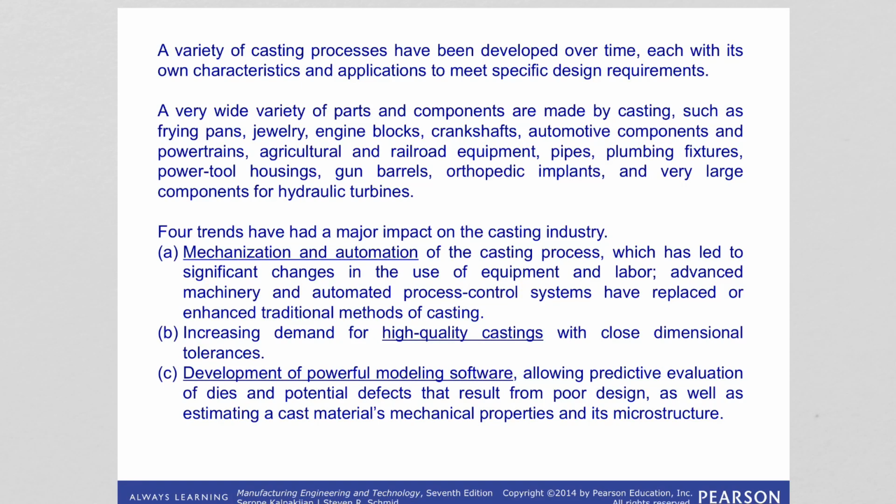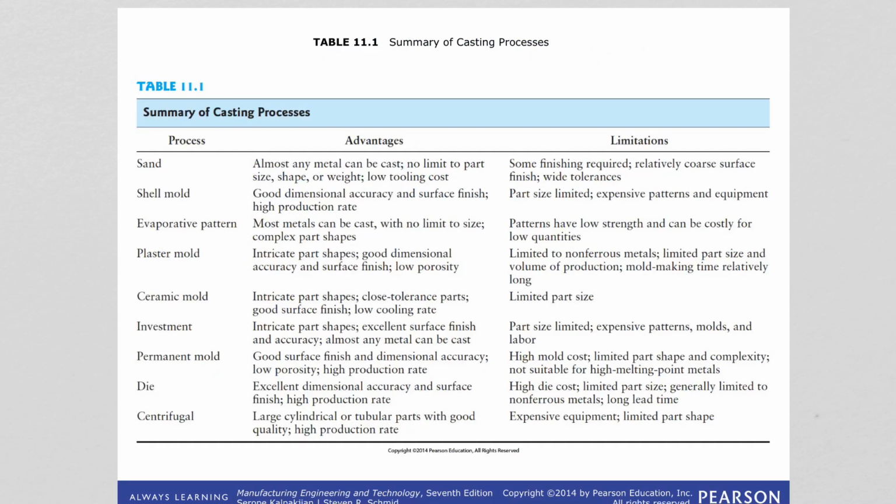A wide variety of casting processes have been developed over time. Of course, each of these has its advantages and disadvantages. In the table on the next slide, Table 11.1, all of the processing techniques that we'll go through in this chapter are summarized in terms of their advantages and limitations.